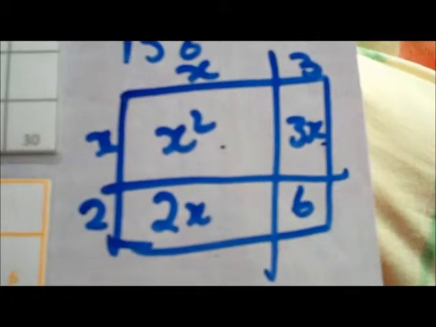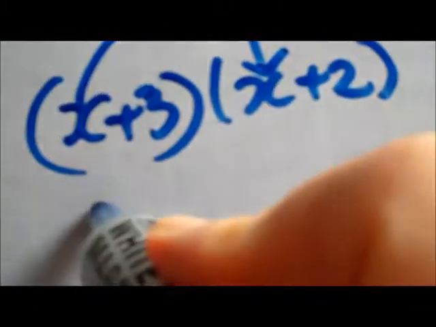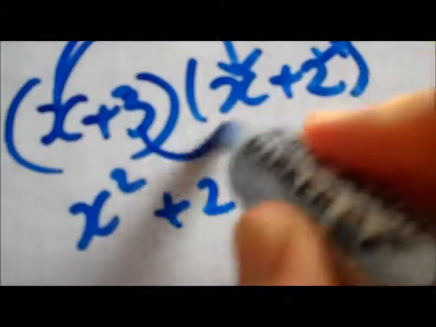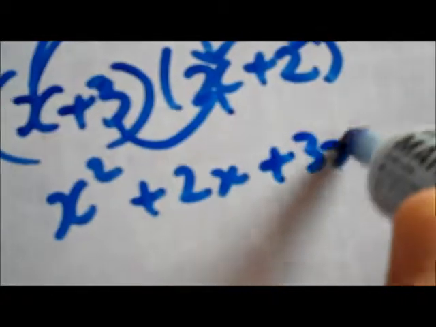So when I do the brackets of x plus 3 times x plus 2, I get x squared plus 2x plus 3x plus 6.